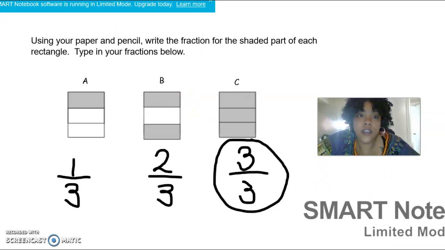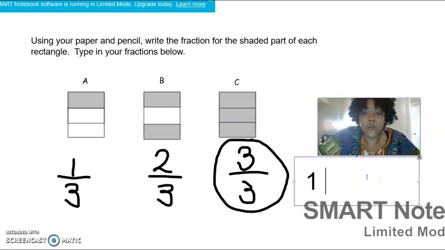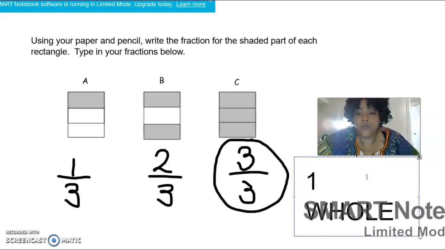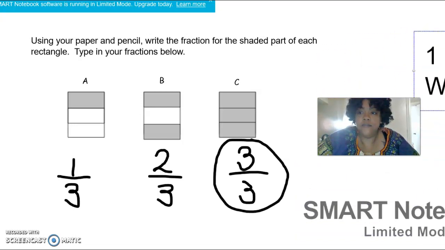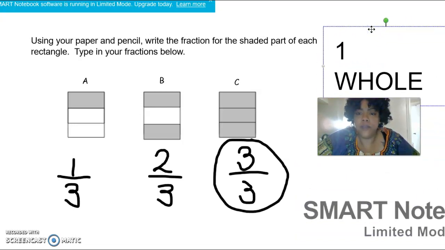You guessed it, 1 whole. Now I'm going to type that in right here. Not only do I have 3/3, but I have 1 whole. I'll just place it right there. So we either can call this 3/3 or we can call this 1 whole.